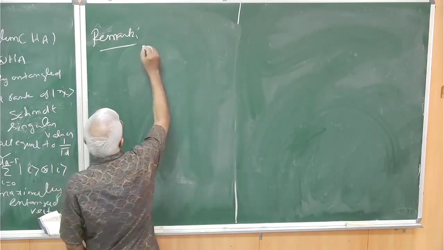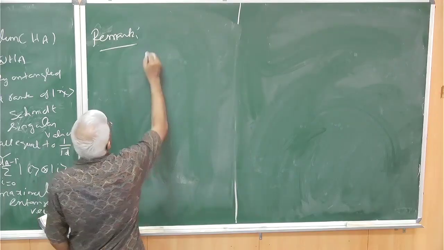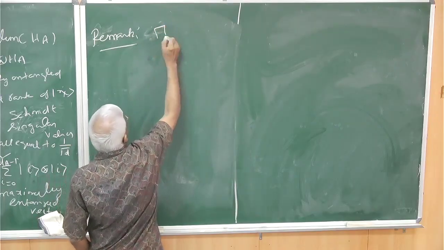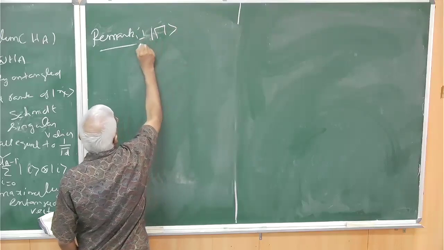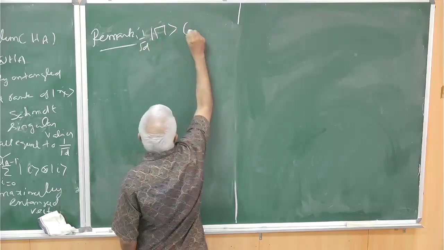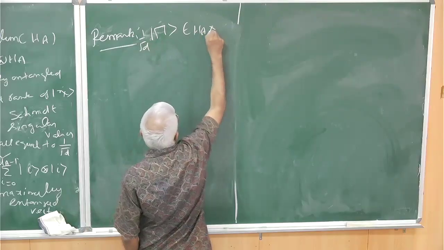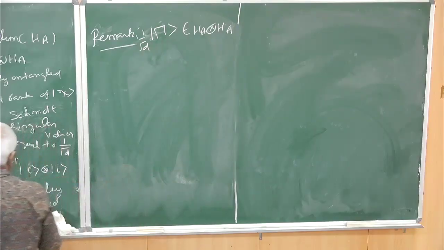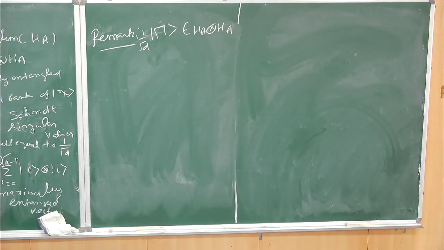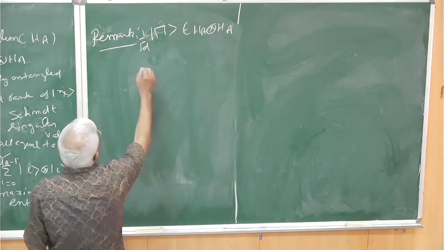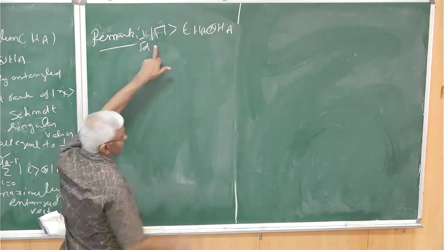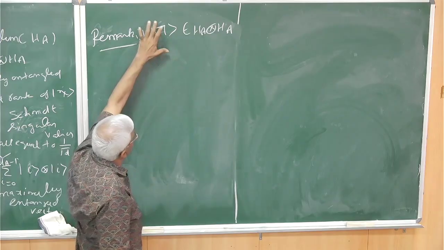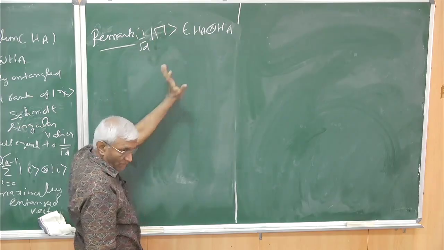Let us just notice that you take this gamma, 1 by square root d, which is in HA tensor HA. So this is a state. You can consider it as a matrix also.